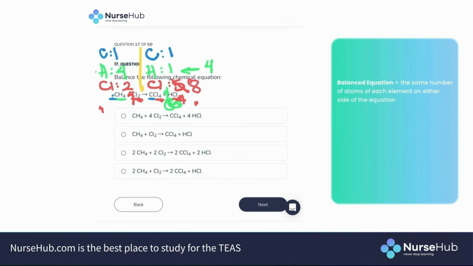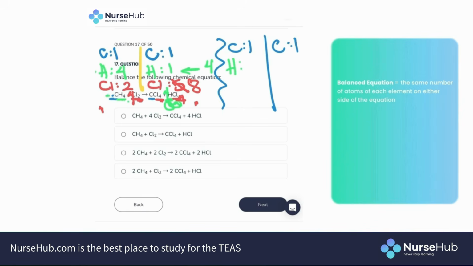And so now let's do one final count to make sure we're in good standing. On the reactant side, we have 1 carbon. On the product side, we have 1 carbon. On the reactant side, we have 4 hydrogens still, right?